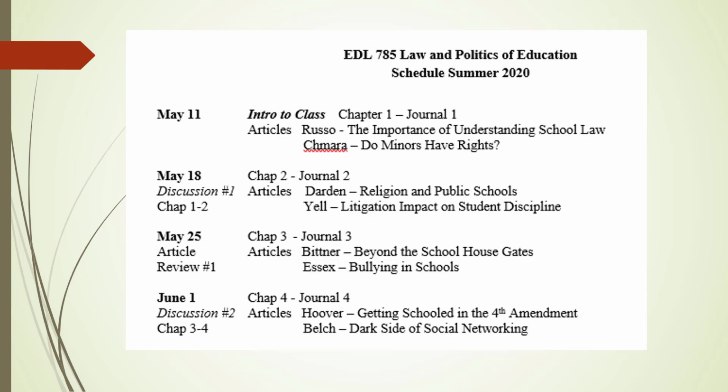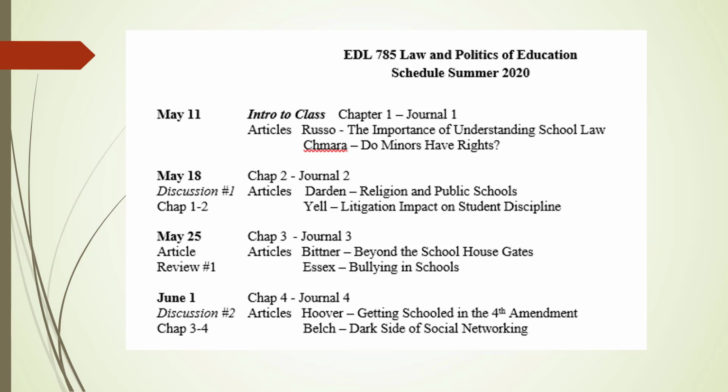Taking a look at our schedule, I'm not going to go over the whole schedule. You'll see that it's aligned by week, with the day the week starts. Most of the assignments will be due on the Sunday. Some discussions are due by Thursday, and I think article reviews. It will tell you in the weekly schedule when things are due.